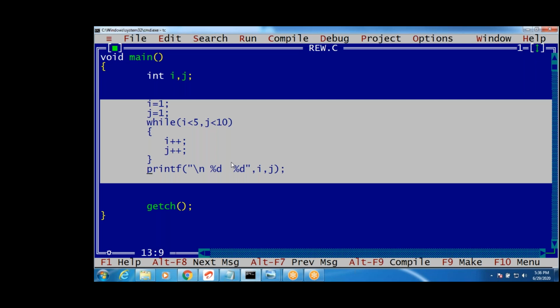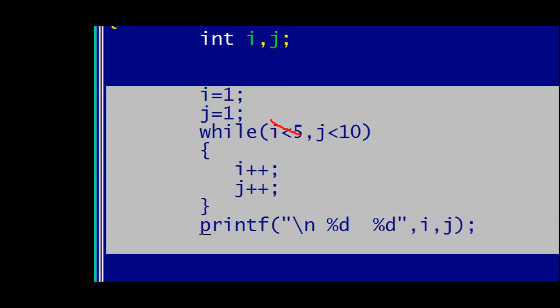Here it is a comma operator, so it ignores the first condition. How many times does it execute? It takes j less than 10. 9 times i++, 9 times j++. First how does it take, guys? i is 1, j is 1, 1 less than 10, i++, j++, 2 and 2, 2 less than 10, 3 and 3, and 4 and 4. Next 5 and 5. Finally 9 and 9, 9 less than 10, right? 9 less than 10, i++ and j++. It's 10 and 10.